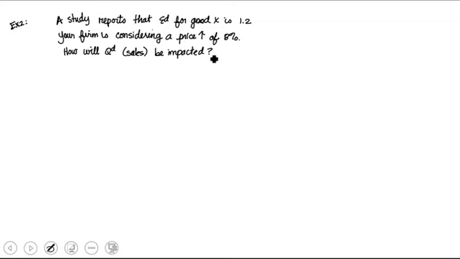So a study reports that elasticity of demand for good X is 1.2, and your firm, which makes X, is considering a price increase of 8%. How will your sales, your quantity demanded, be impacted?